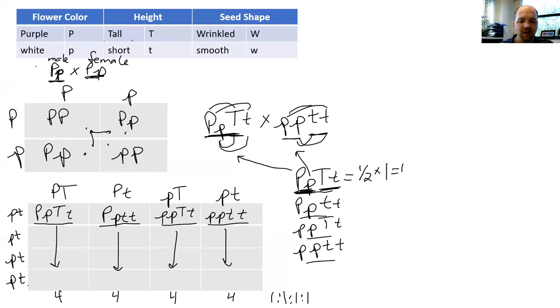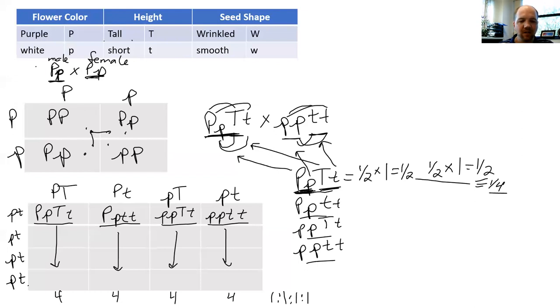So this in total is going to be 1/2. And then we're also going to take that times the probability of getting a big T from this parent over here, which is 1/2, and multiply that times the probability of getting a small t from this parent, which is 1. So this equals 1/2. Then we take the 1/2 from here and multiply it times the 1/2 from there, and that's going to equal 1/4. So the probability of getting these two traits that are both heterozygous is going to be 1/4.